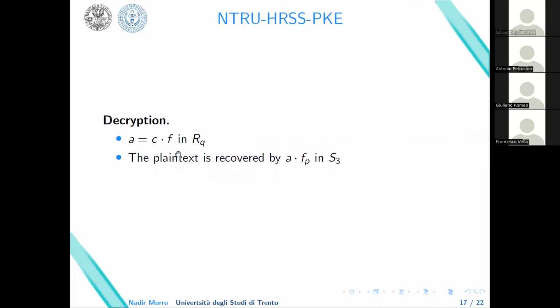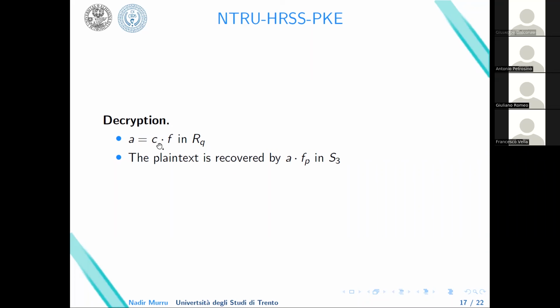So the decryption procedure is very similar to the classical decryption that we have seen for NTRU, and indeed we don't see the proof of correctness. You can obtain the proof of correctness of the decryption procedure following essentially the same steps that we have seen before.